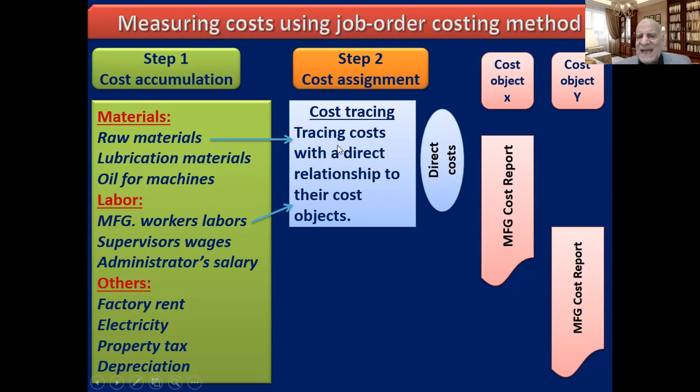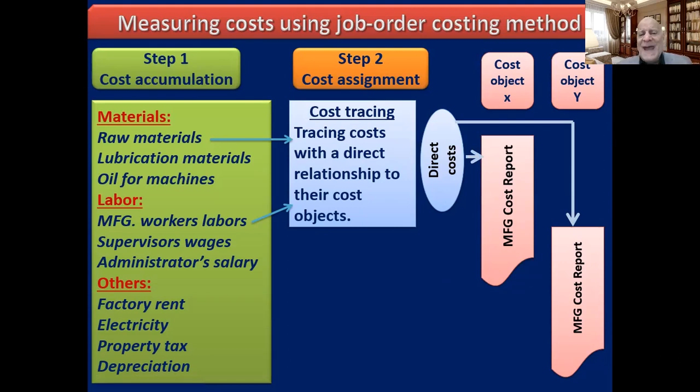They will be assigned directly to their cost objects. The amount used in producing Y will be assigned to this cost object in its production statement, and the other will be assigned directly here.